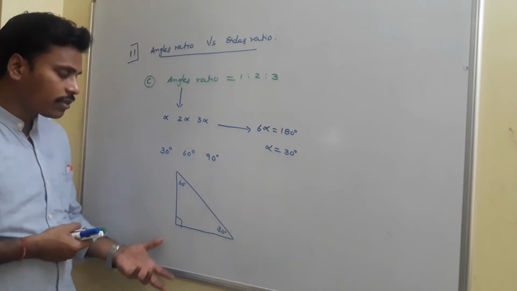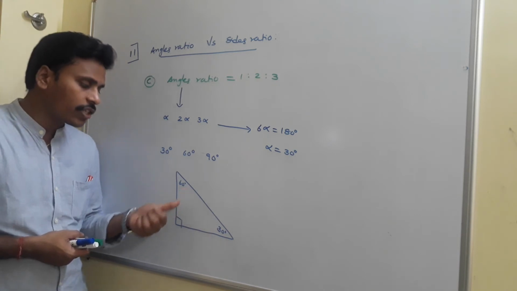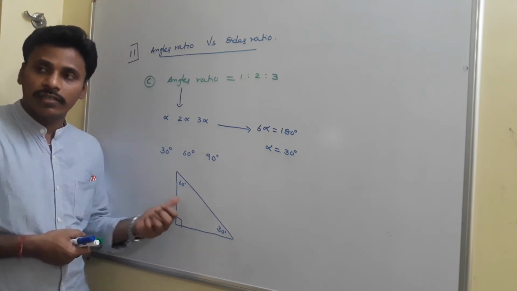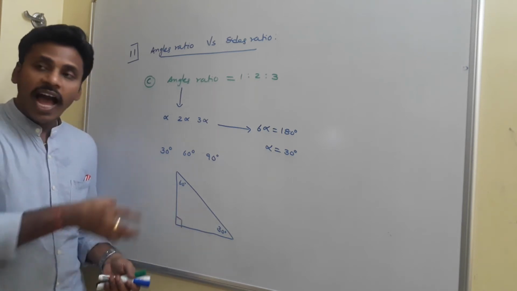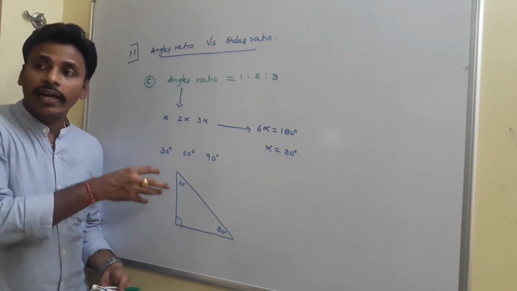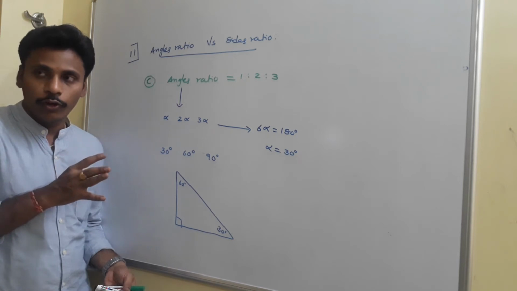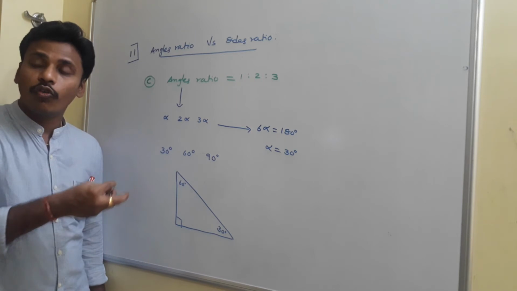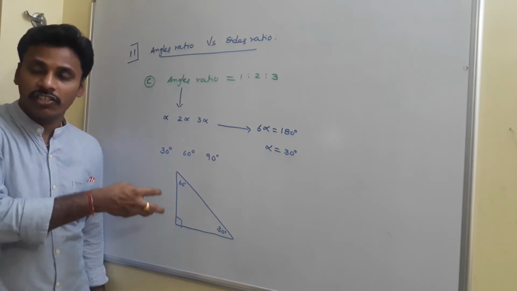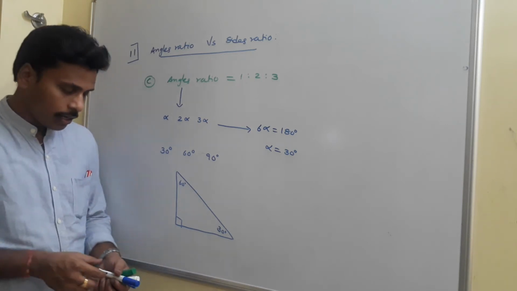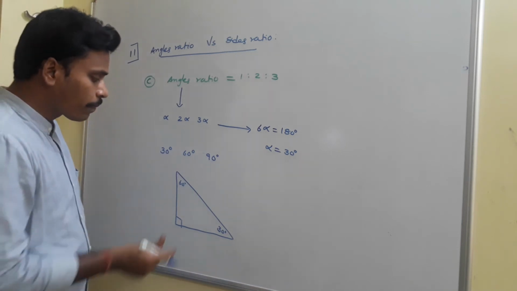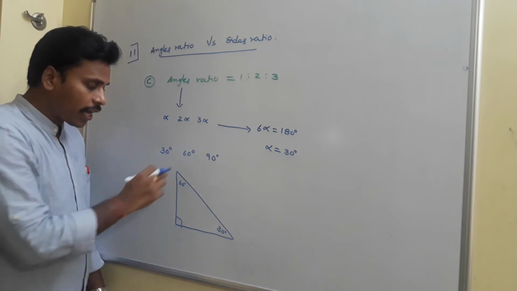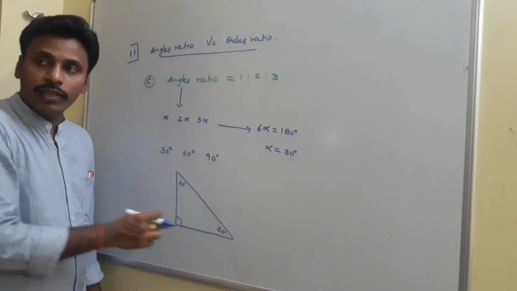But now when you look at this, the angles are 30, 60, 90. To find out the ratio between these sides, I will consider one more triangle similar to this. This is one triangle and I am going to consider one more triangle similar to this, just like a Xerox copy of this triangle. I need to find the ratio between the sides.